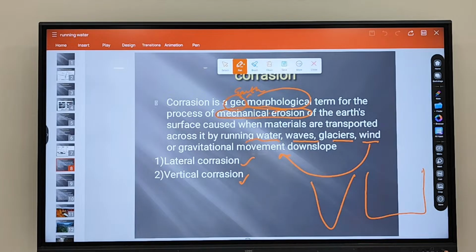So corrasion is a geomorphological term, and it means mechanical erosion is going to happen on the earth's surface. This mechanical erosion can be due to running water, wave movement, glacier movement, or wind movement, and this could be in the form of lateral or horizontal. Fine. Any doubt regarding this term corrasion?